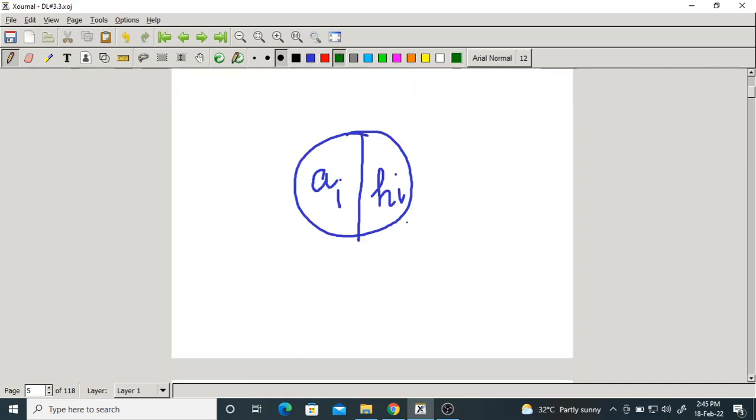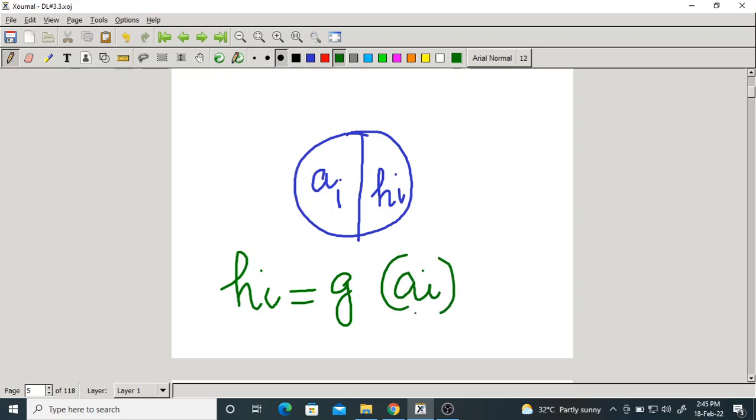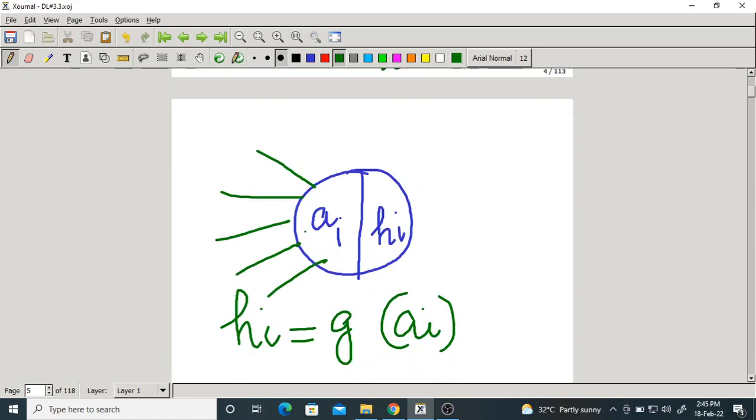It is generally a non-linear output: input, non-linear output, hi equal to some function g of ai. Now how to calculate ai? I told you it is an aggregation of a weighted sum, for each and every neuron. So we have to calculate these two values. Here ai and hi are vectors.